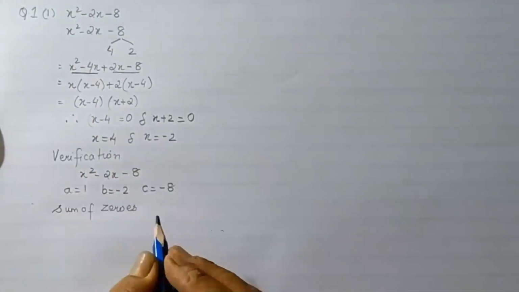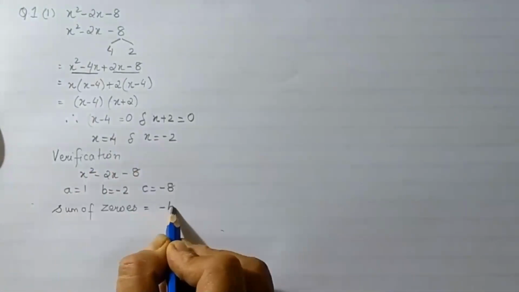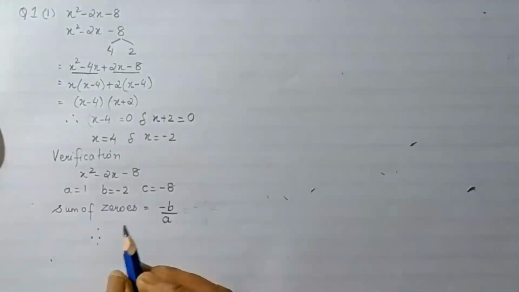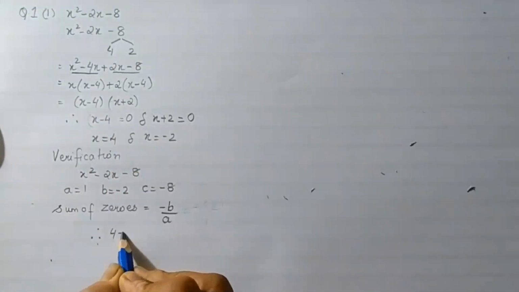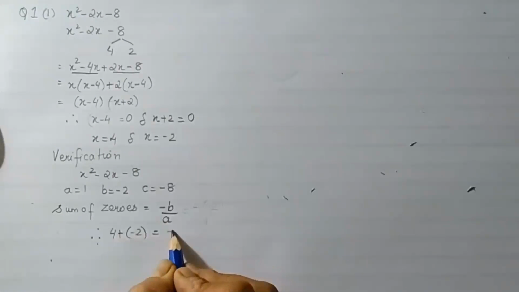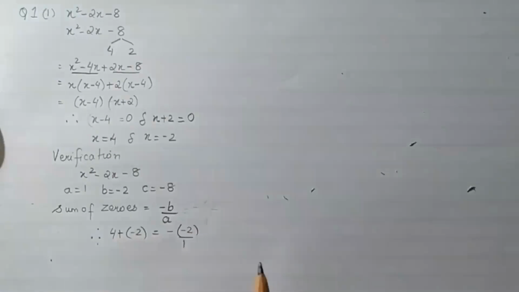Sum of zeros is equal to minus B upon A, which is equal to 4 plus minus 2 is equal to minus of minus 2 upon 1, which is equal to 2. So this is verified. LHS is equal to right hand side.